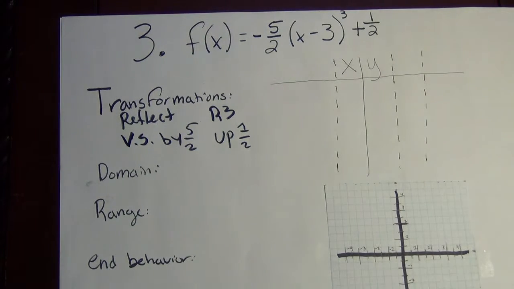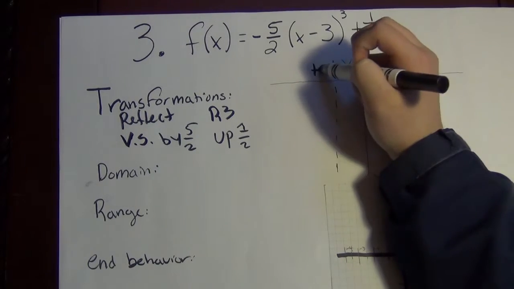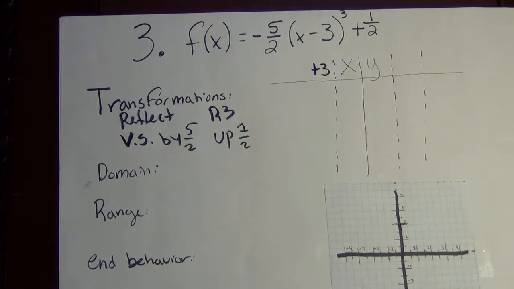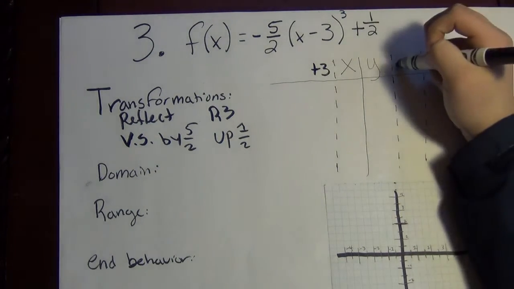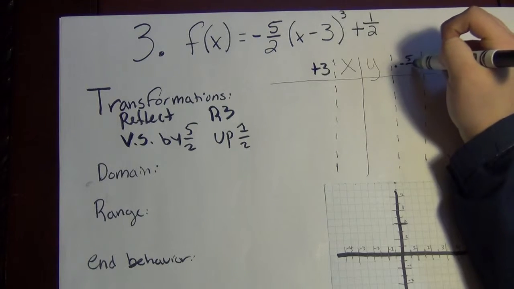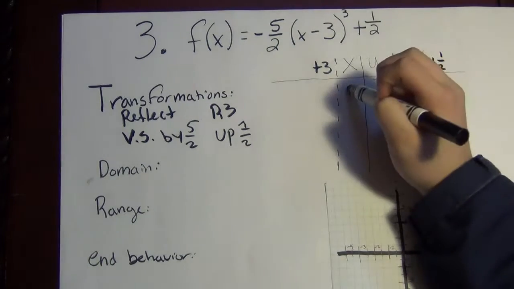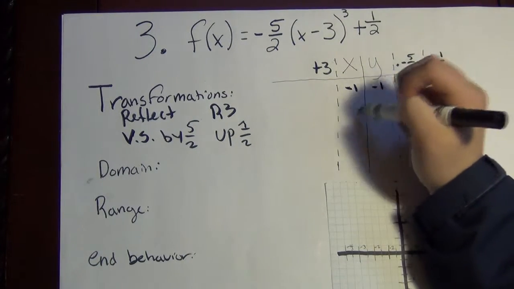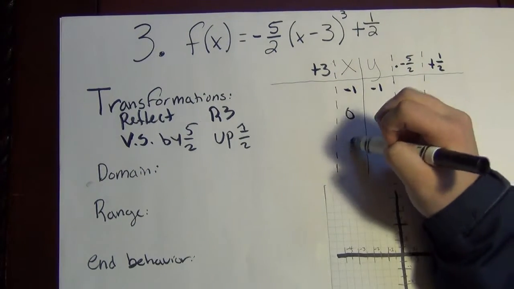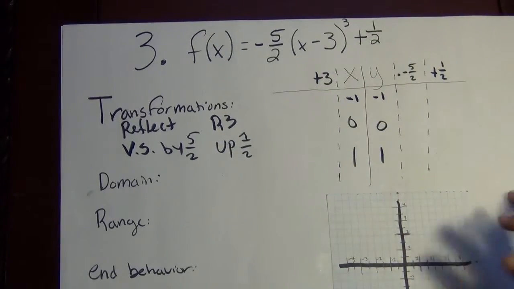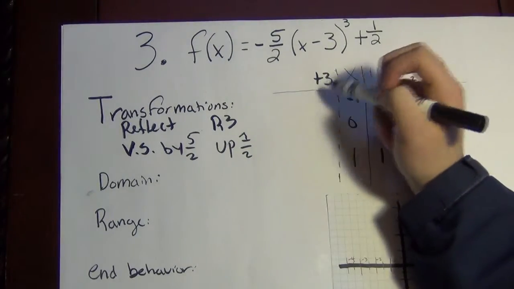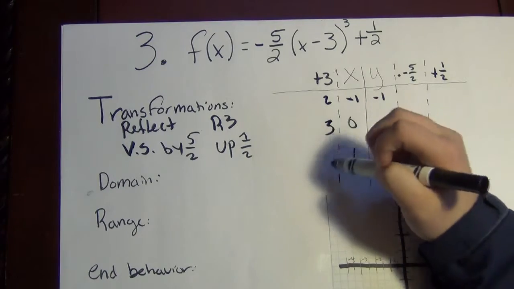Alright, for the chart that we usually do, since all we're doing to the x is adding 3, we're just going to add 3. And then for the y, we're going to multiply it by -5/2, and we're going to add 1/2 to that. Do the same points as we always do. And then for the x, we're just going to add 3, so that's 2, 3, 4.